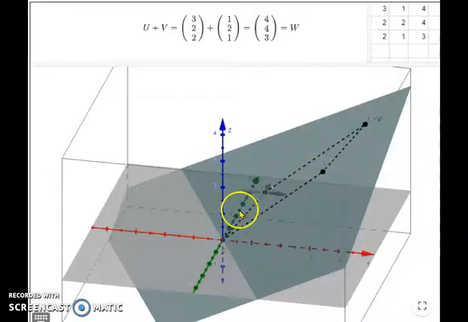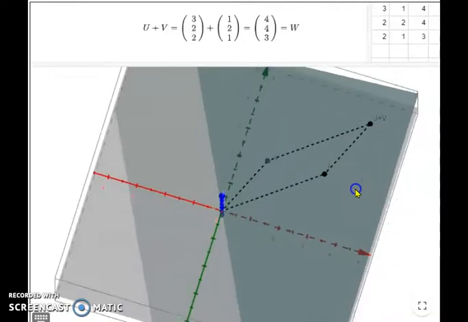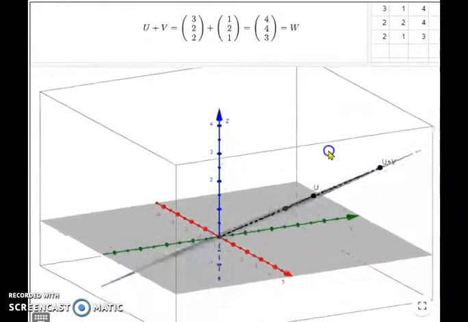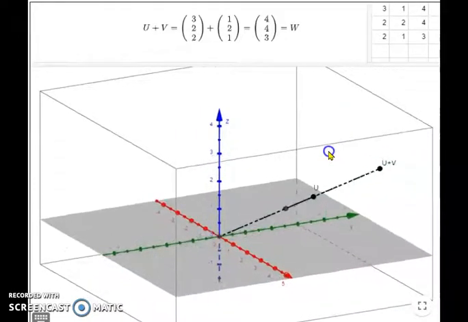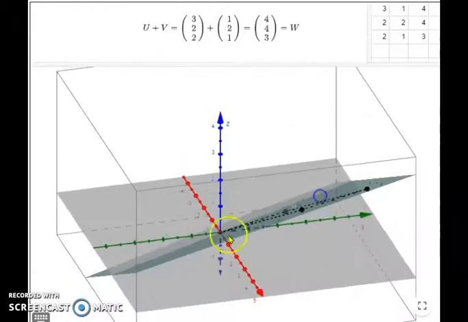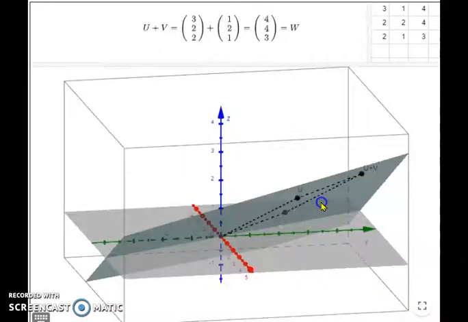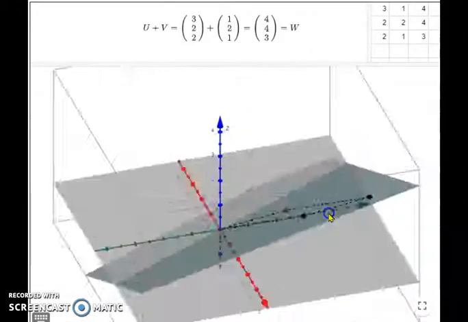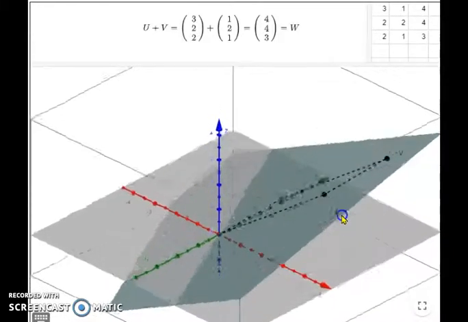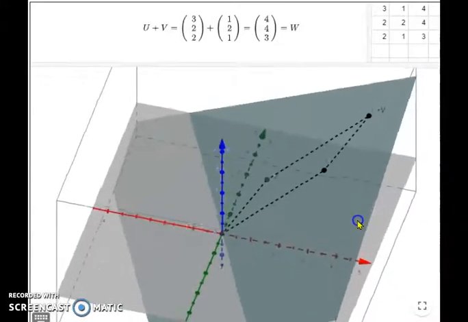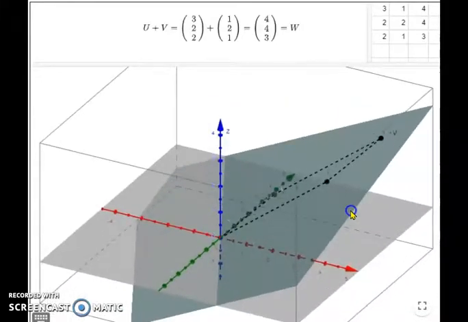Our vector V is this vector, and the sum is this U plus V. Kung napapansin niyo, that vector falls within this plane here.